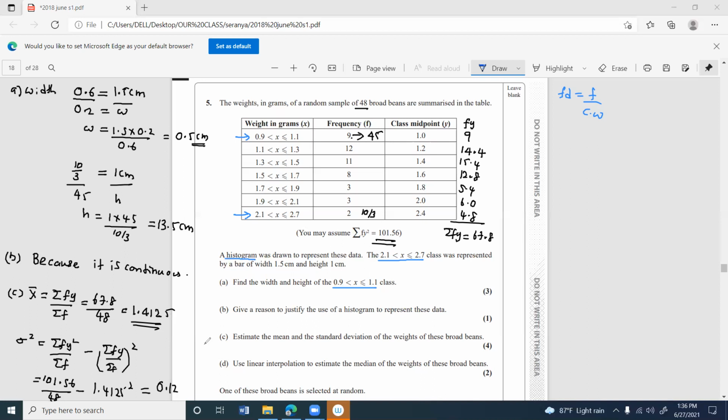The standard deviation is the square root of that answer. The square root of 0.12 turns out to be 0.347, which is the standard deviation for this question.